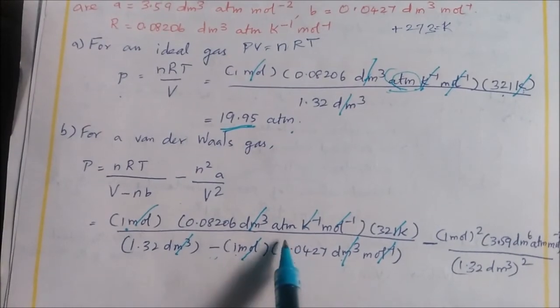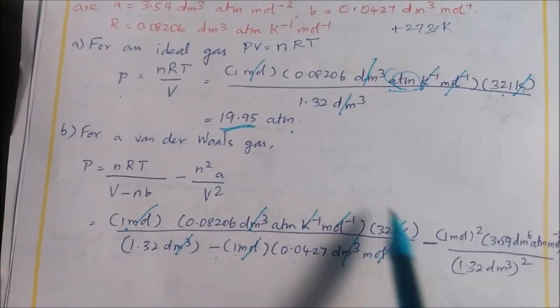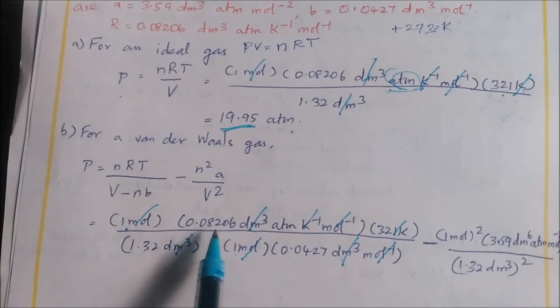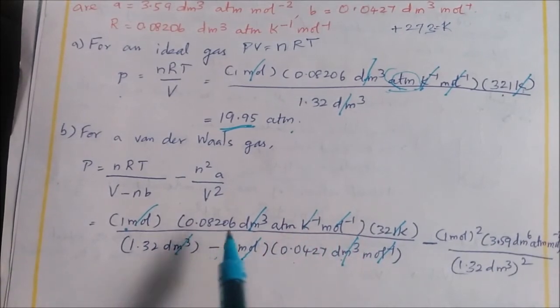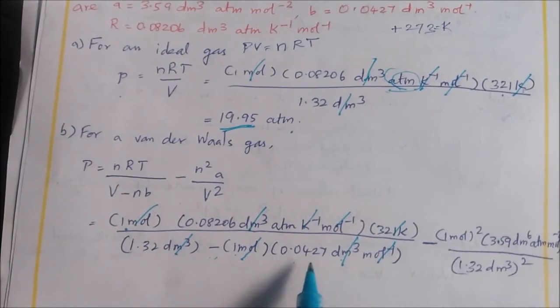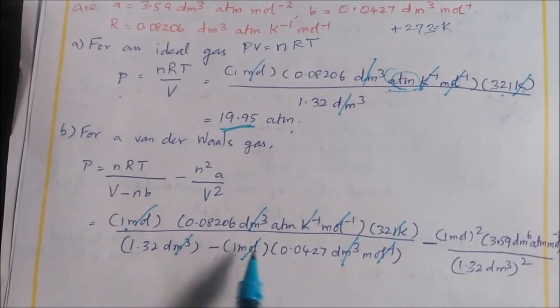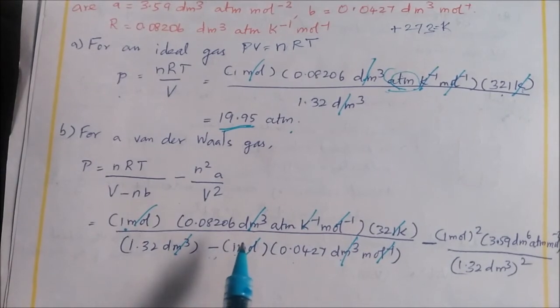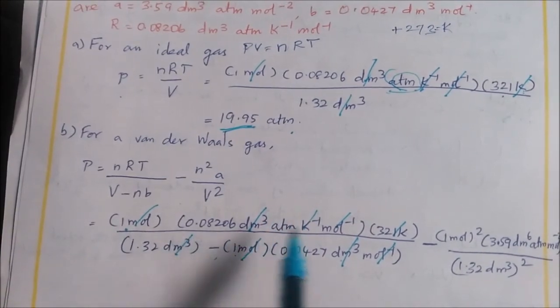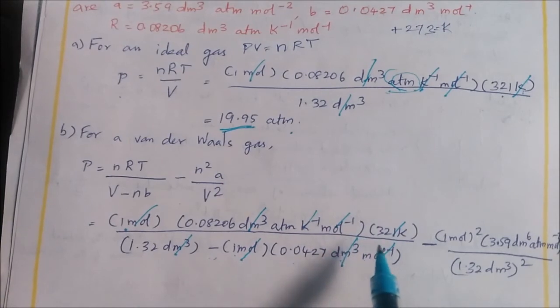So what is the value here, in atm, for all the terms? So we have 0.08206 into 321 divided by 1.32 minus 0.0427. If we simplify this one, we will get a value here. Here we have to multiply 0.08206 into 321.